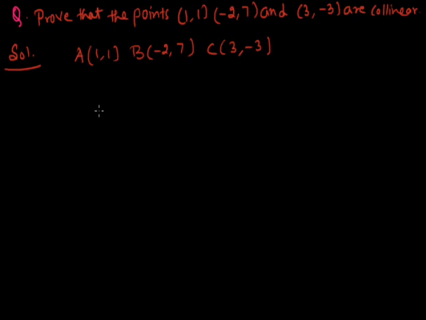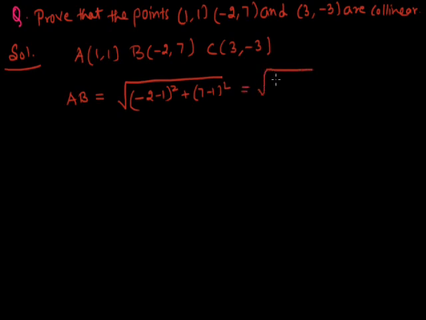The sum of any two distances will be equal to the third distance. Now find the distance AB. By distance formula, AB is equal to root of (minus 2 minus 1) whole square plus (7 minus 1) whole square, which is 9 plus 36, so root 45 unit.